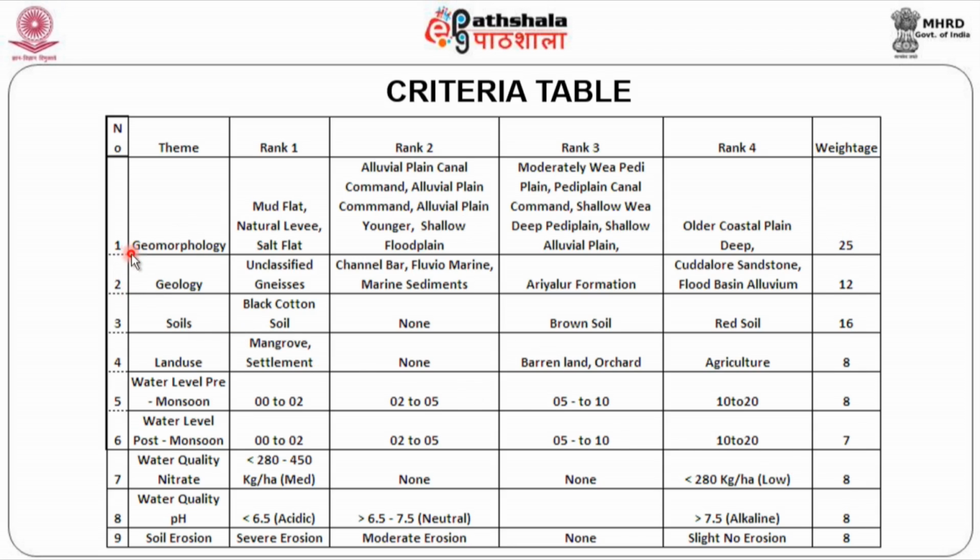That means we presume that this particular layer, irrespective of the name, contributes about 25%, 15%, 10%, 5%, 10%, 1%, 2%, whatever it is. Depending upon the importance or the contribution level, I give the weightage. So please understand very well: ranking is within a layer, weightage is amongst the layers.